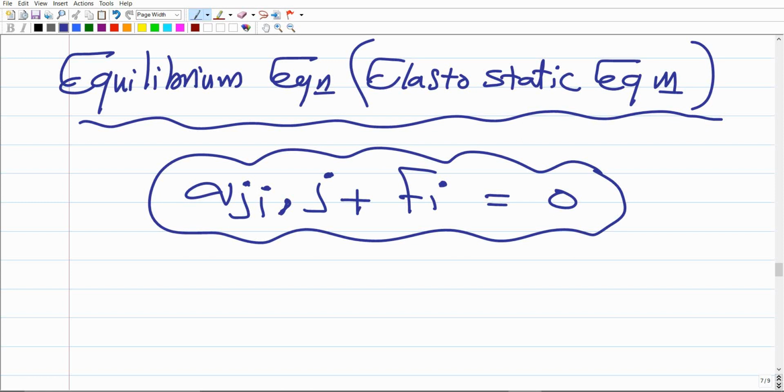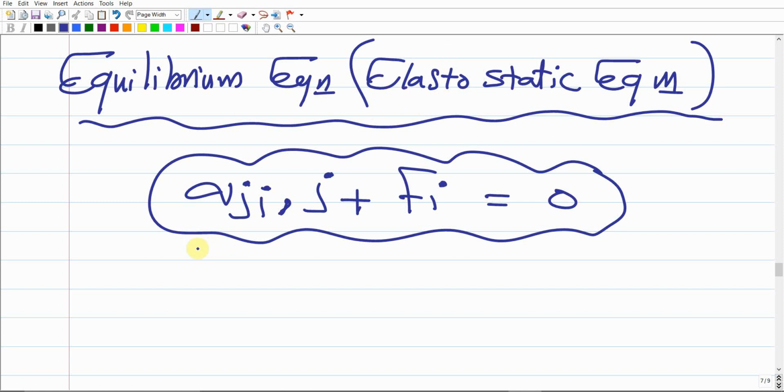But there is a special situation that the object would be moving at a constant velocity and still having the right hand side term be zero. It means that the object is already moving. So you should understand that the equilibrium equation is typically the same as the equation of motion, but for the special case that we have a static equilibrium of the continuum. And since we're already working with elastic objects, this is the elastostatic equilibrium of the object.